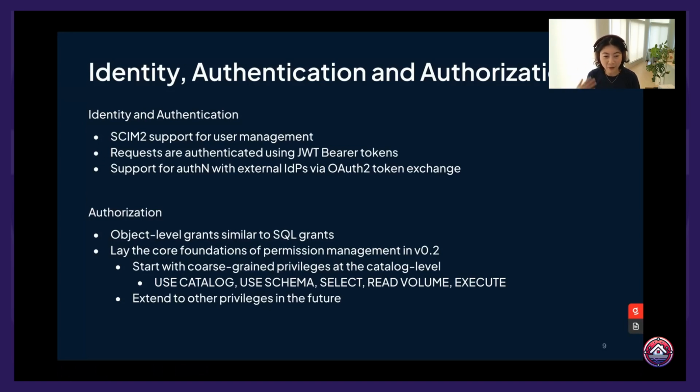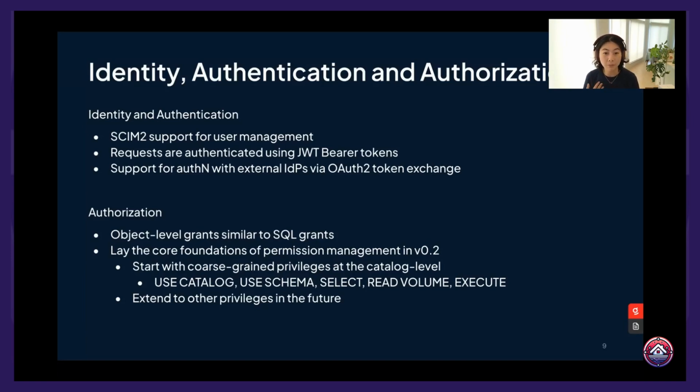But at a high level, we've laid the core foundations of permission management in V0.2, starting with coarse-grained essential privileges at the catalog level, like use catalog, use schema, and then select, read volume, for example, and execute for different types of functions. These are the core building blocks available in the 0.2 release.